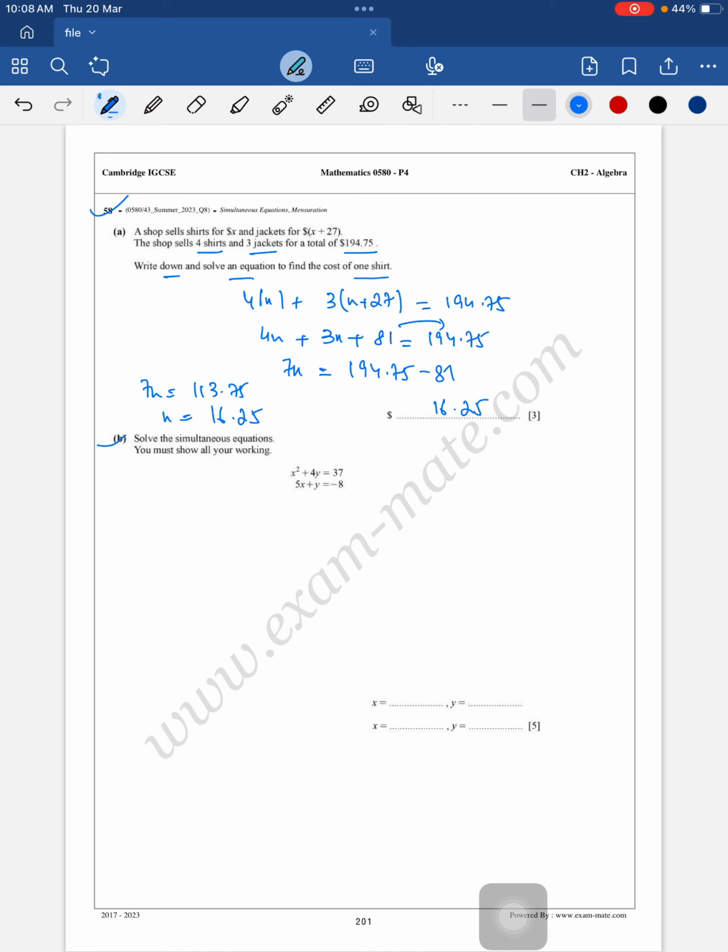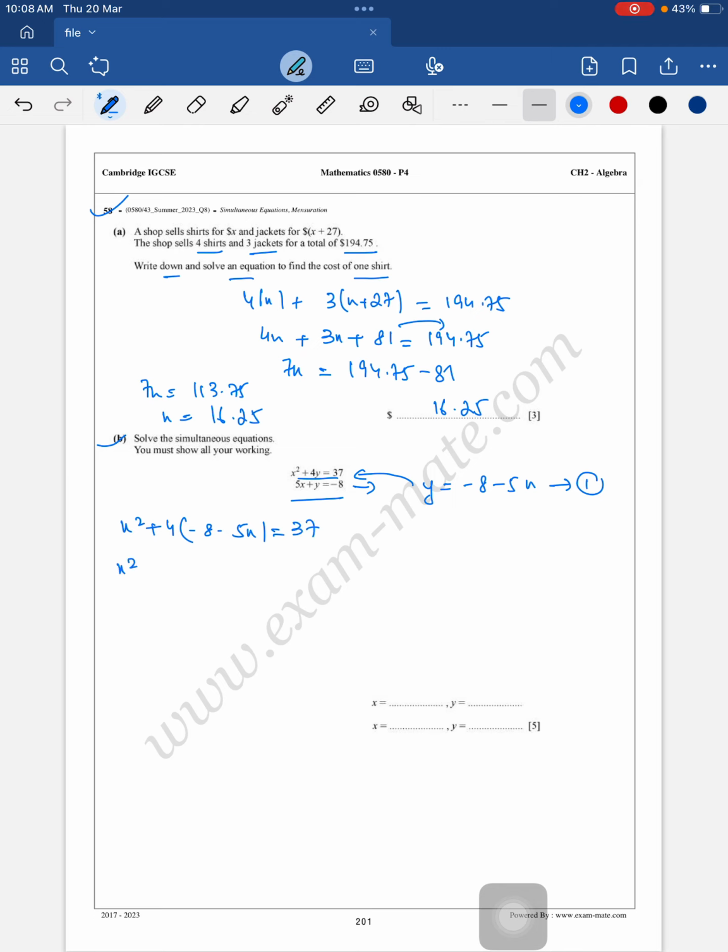Part B, x squared plus 4y is 37, 5x plus y is equal to minus 8. Solve the simultaneous equations. It means getting the value of x and y. So from the second equation we can get y equals minus 8 minus 5x. I am making y the subject and putting the value of y over here. In the first equation, x squared plus 4 times (minus 8 minus 5x) is equal to 37.